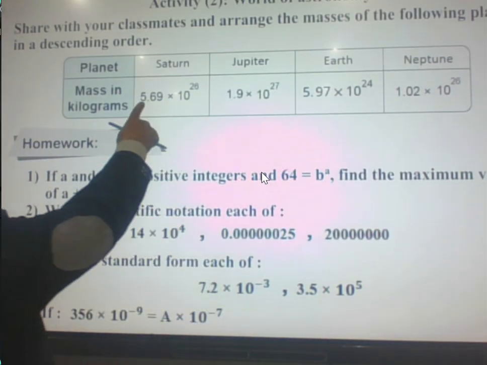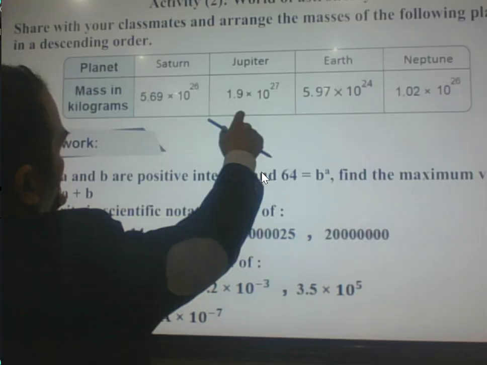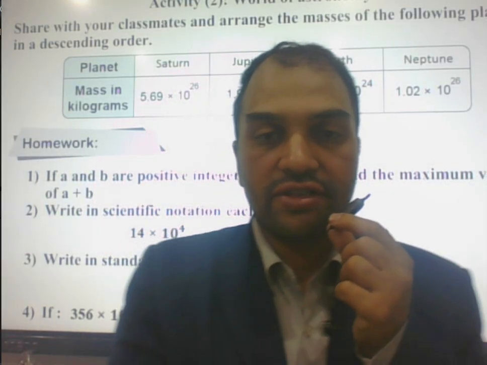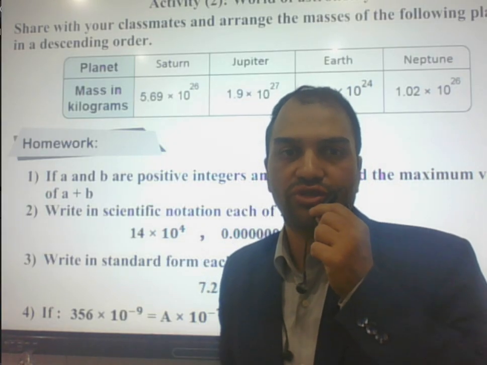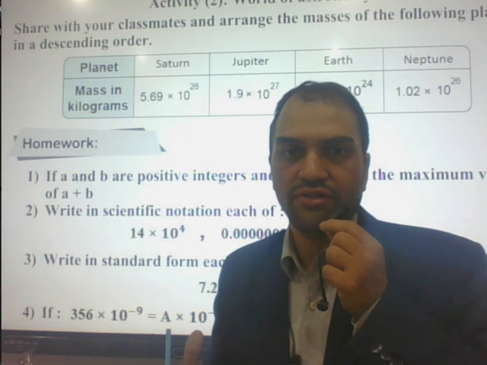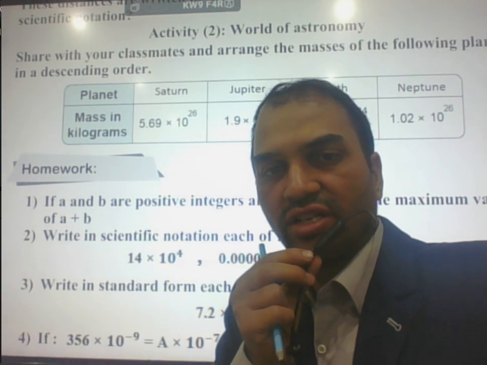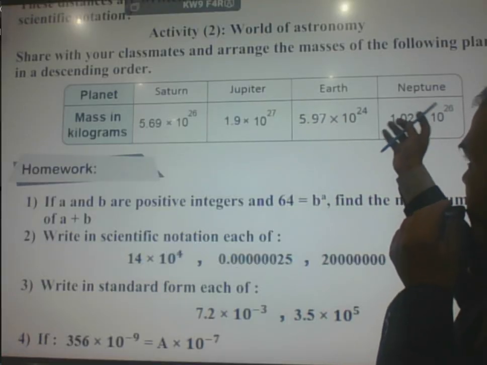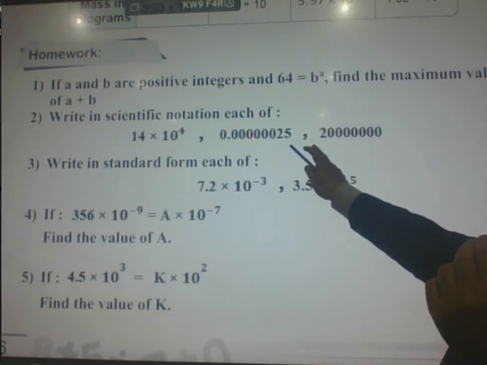Like this, 5.69 times 10 power 26, or this number. We must know in scientific notation the first number lies between 1 and 10, and also can equal 1. And the second number, we can write 10 power a number. The absolute value of it lies between numbers like this, 27, 26, a number in power. But this number must be a power of 10. So you can solve this example here.